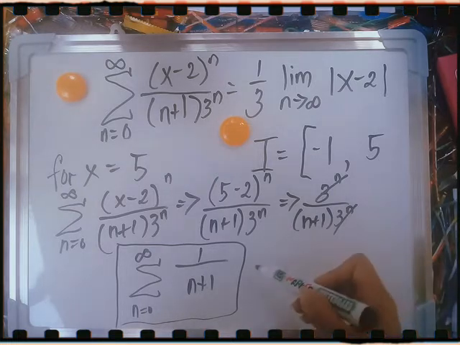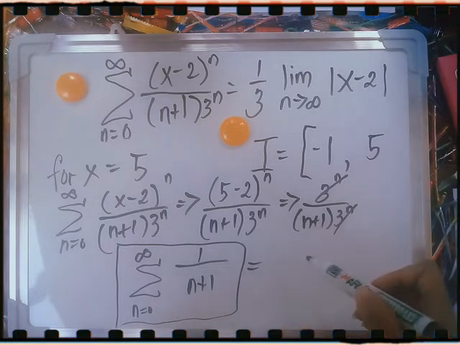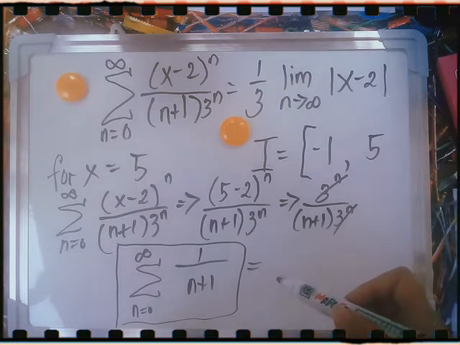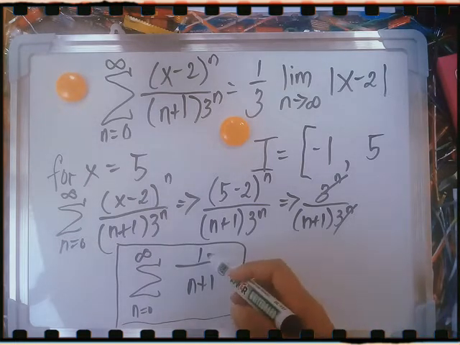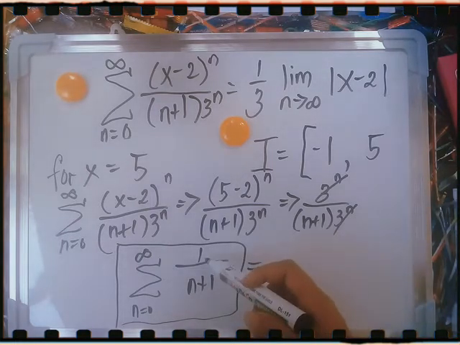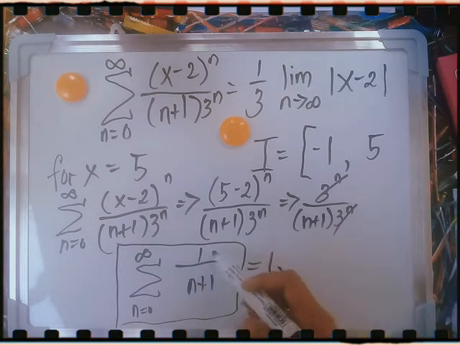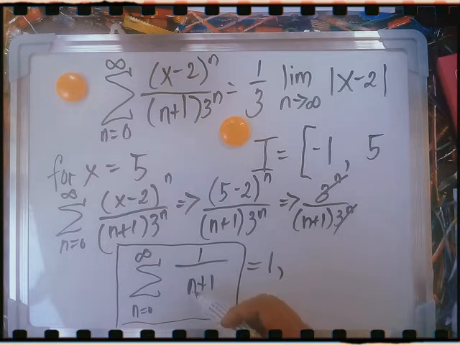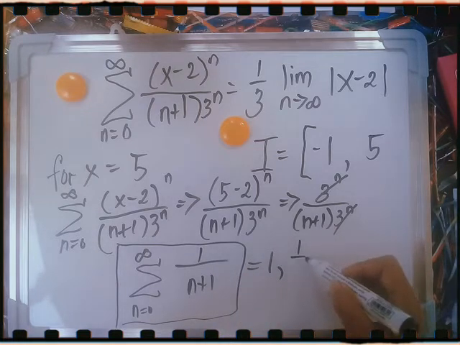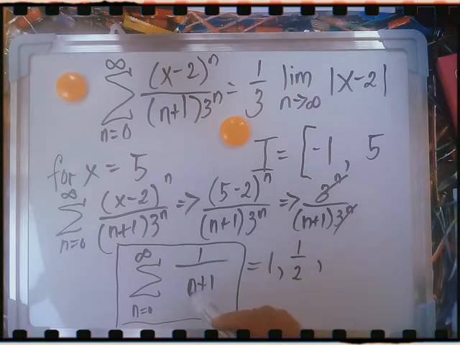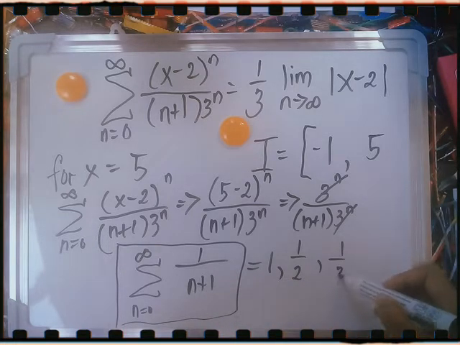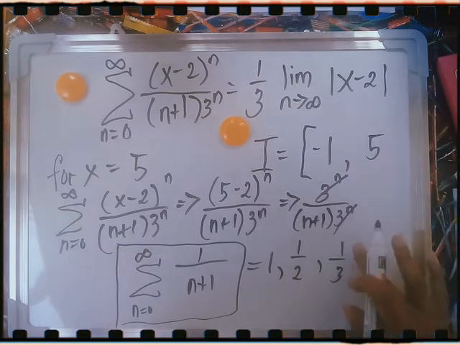Why? Because the following infinite values of this series would be 1. So plug in 0, we have 1. If we have 1 here, 1 plus 1 is 2, so 1/2. We have 2 here, 2 plus 1 is 3, we have 1/3. And so on and so forth.